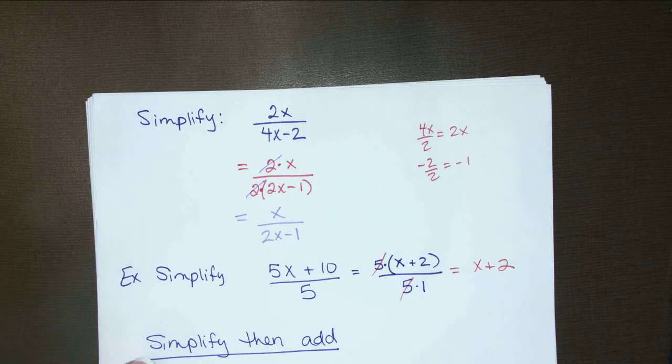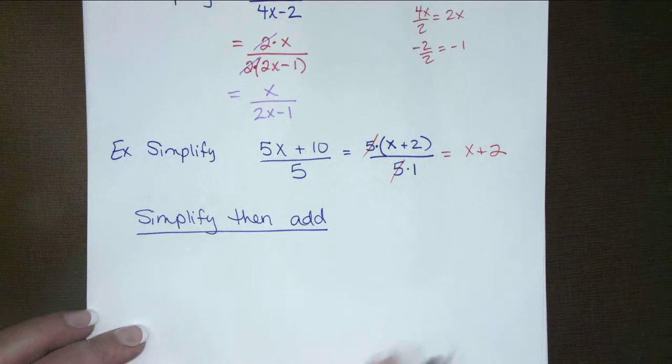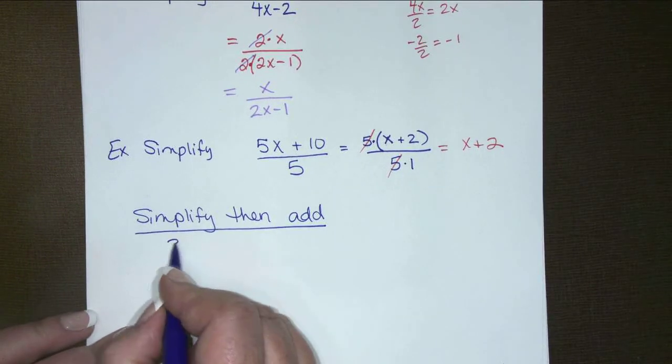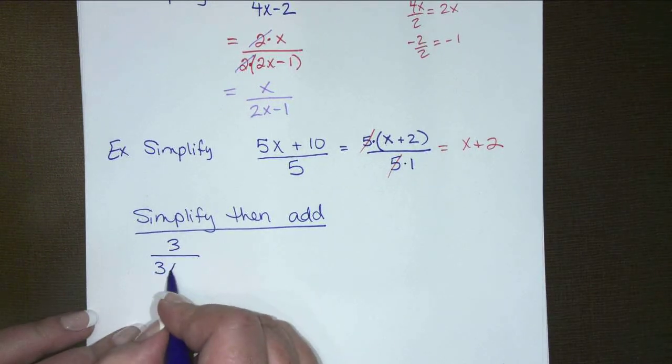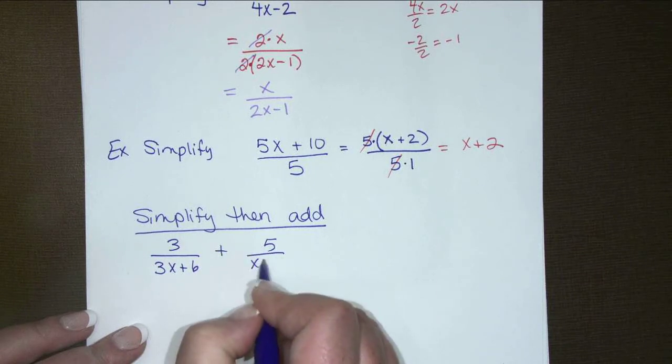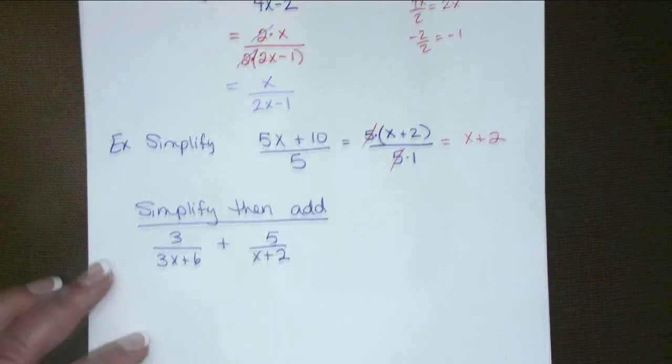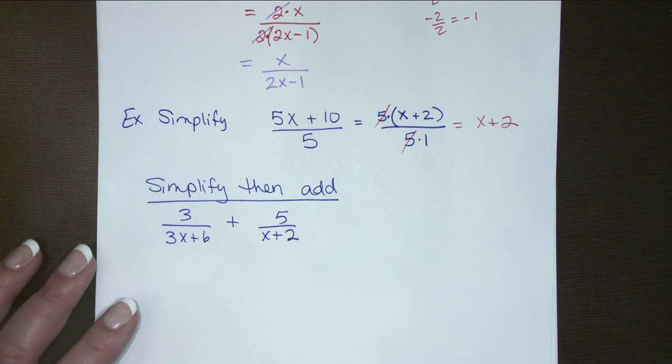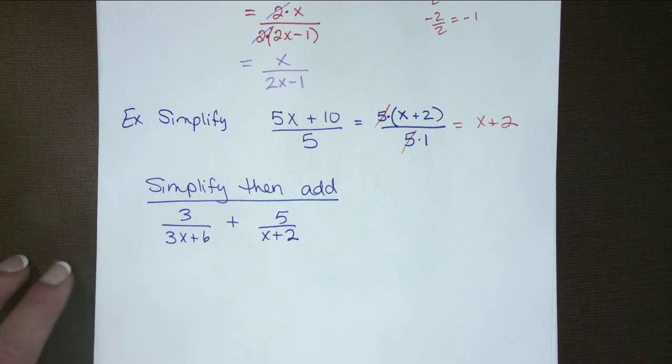Okay, so here I said simplify, then add. Okay, so let's talk about why I'm telling you to simplify first. You should always try to simplify your fractions first before you add.